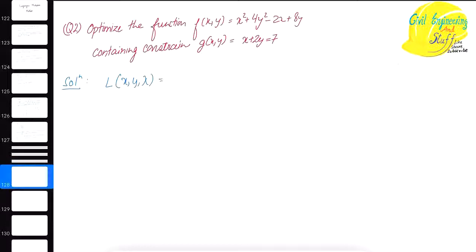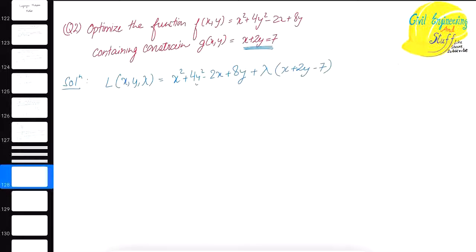So the equation will have the function value, that is x square plus 4y square minus 2x plus 8y, then we will add the Lagrange's multiplier times the constraint, that is lambda times (x plus 2y minus 7). So this will be our equation.